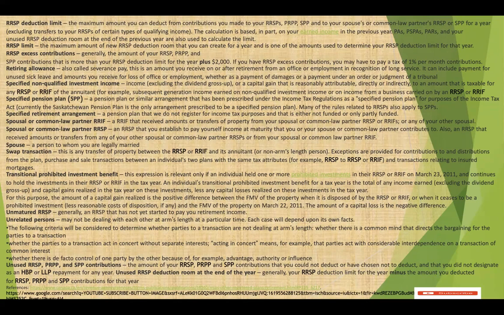Then RRSP excess contribution, the amount of your RRSP or PRPP or SPP contribution that is more than your RRSP contribution limit for the year, plus 2,000. So if you have an RRSP excess contribution, you may have to pay tax of 1% based on the excess on that contribution.